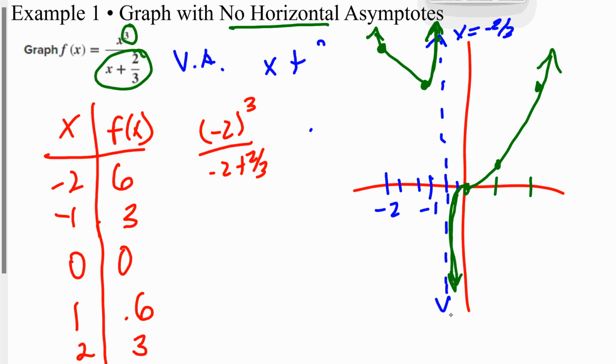Again, you can just plug in more numbers. These are kind of hard because you have to plug in fractions or decimals to see that this goes down and this one goes up. But you can graph it, and you need to make sure you label your asymptotes. Or you could use a graphing calculator, but you still need to know these vertical and horizontal asymptotes.